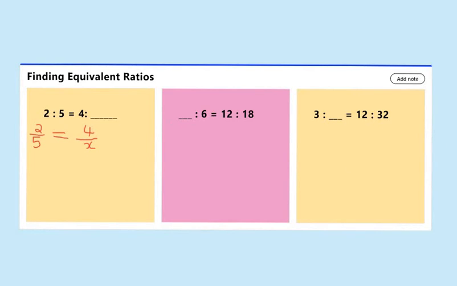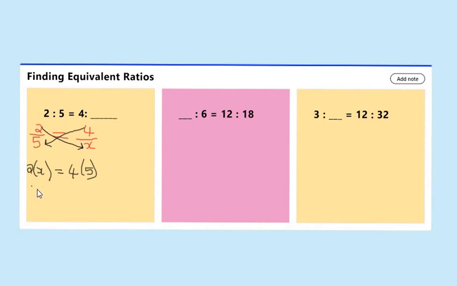What's the next step? We cross multiply. So we're going to use our 2 to multiply our x. Remember, top multiply bottom. All right. And then we're going to use our 4 to multiply our 5. Easy.